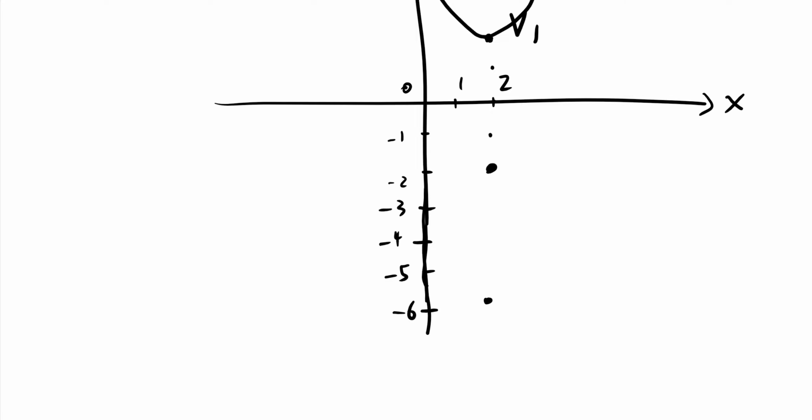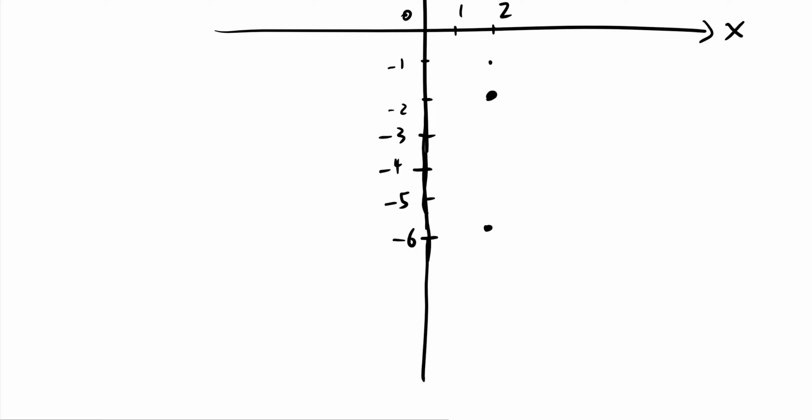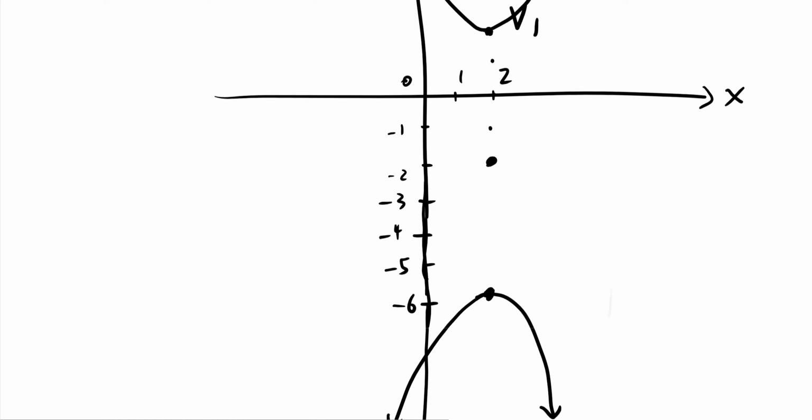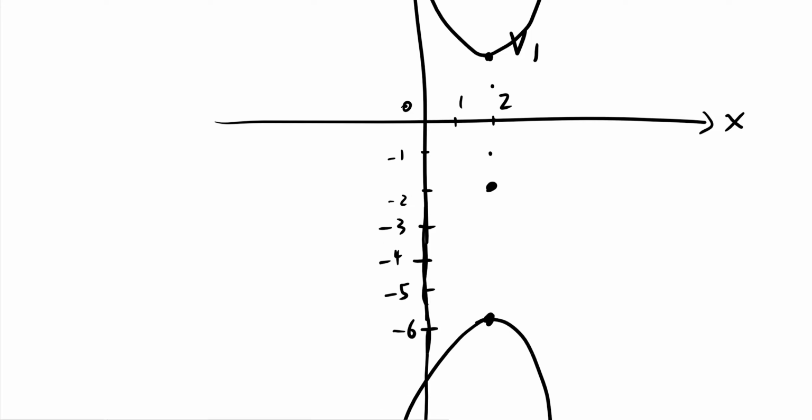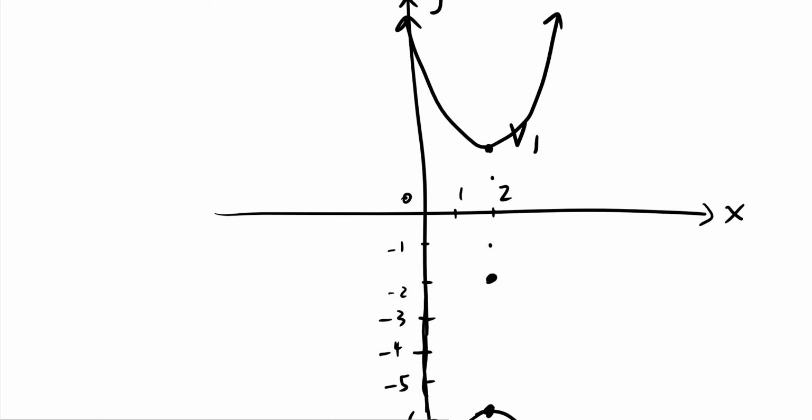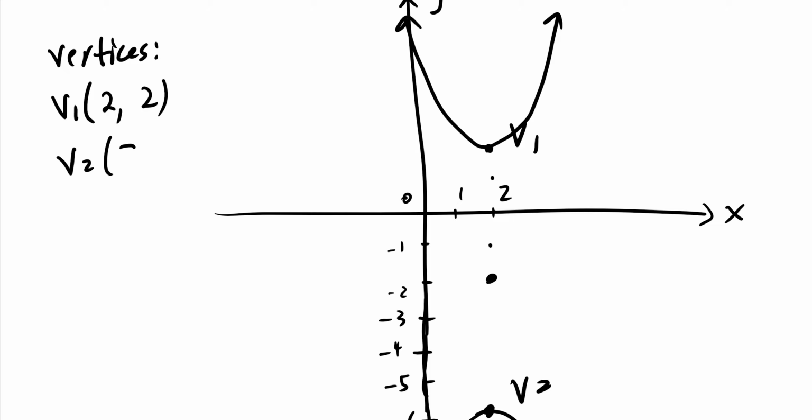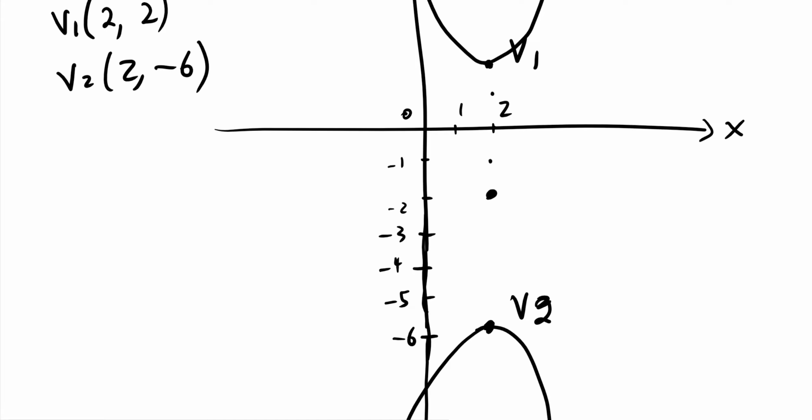It's going to be here. So these are the vertices. I can list them: V1, 2 comma 2, and V2, 2 comma negative 6.